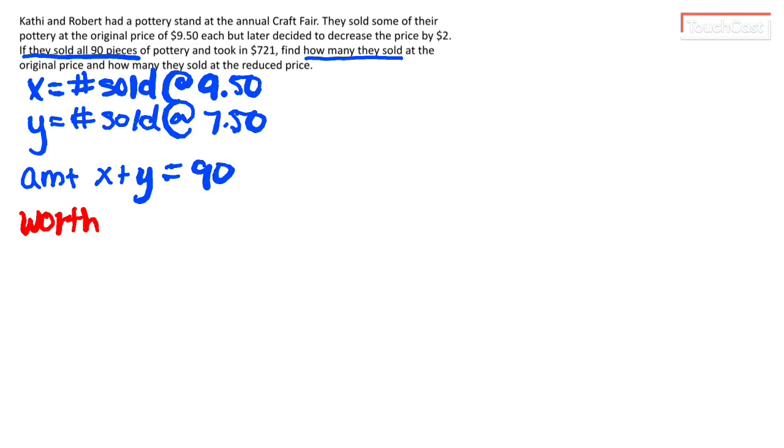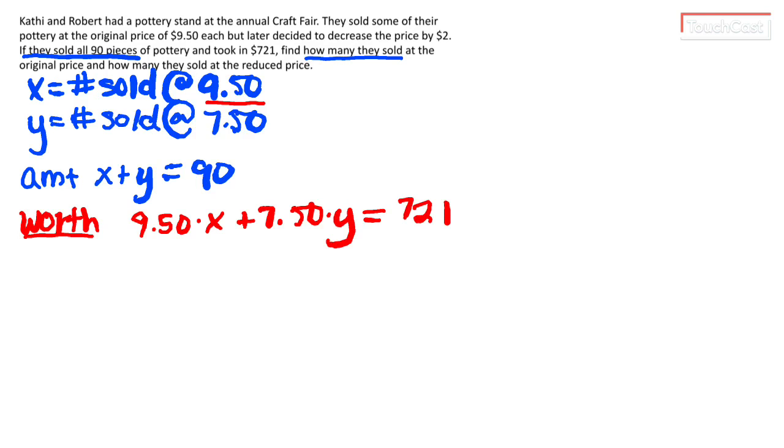We want to make sure that we put those values, the amount of money that it costs, into this worth statement, because we are talking about how much money. So we have $9.50 that they made off of a certain amount, and then they have $7.50 that they earned off of another amount of pottery. And that gave us a total of $721. Now that we have both of the equations, we can easily solve, and so I'll let you do that, and I will give you the answer in just a second.